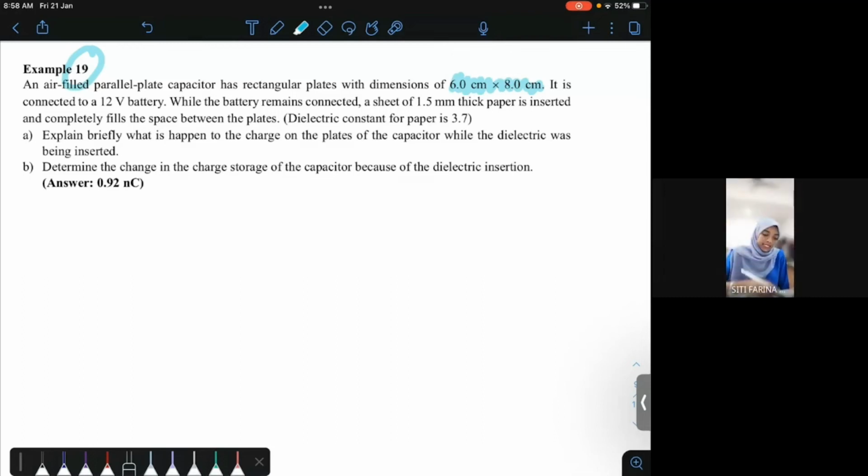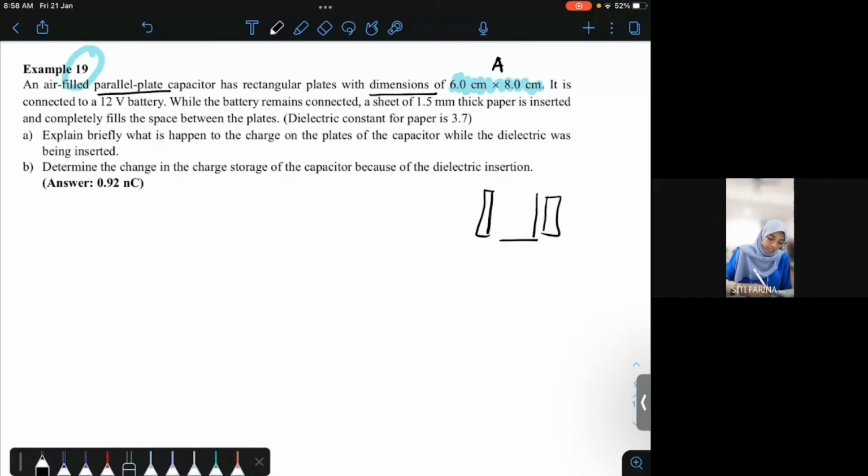Yes, excellent. This is the area of your parallel plates, because it says it has dimension of 6 by 8 cm. So this is its area, 6 times 8, length times width. Okay, it is connected to a 12 volt battery.